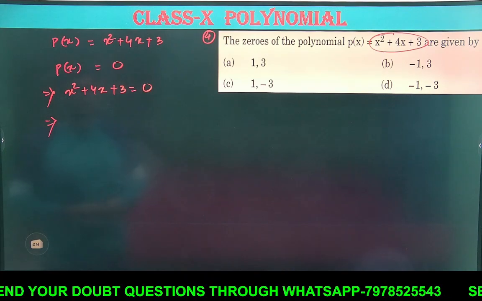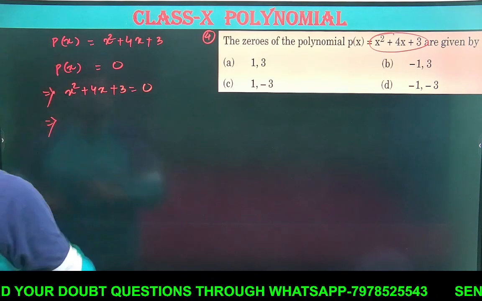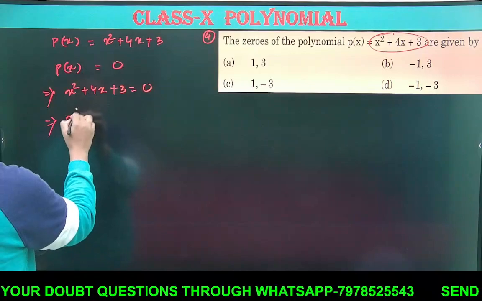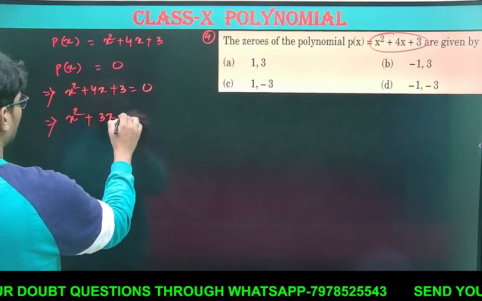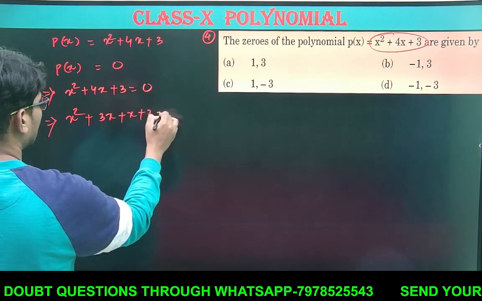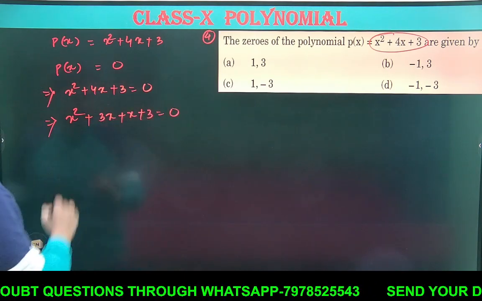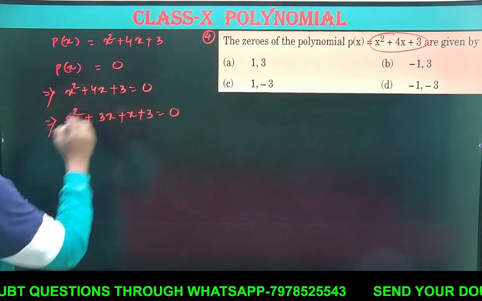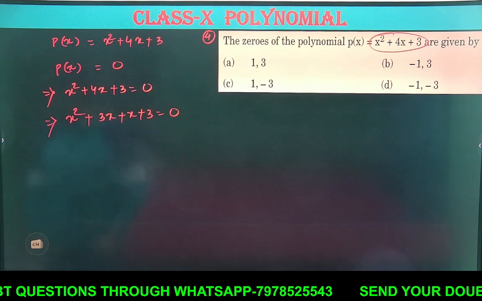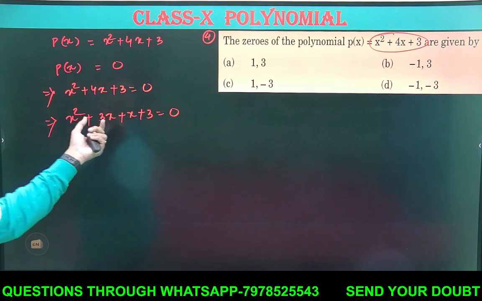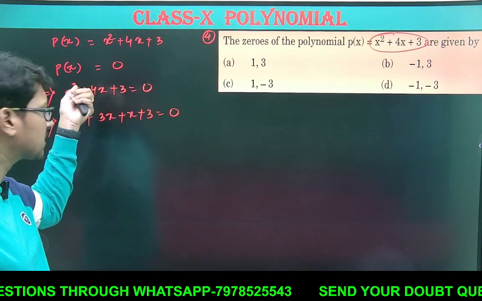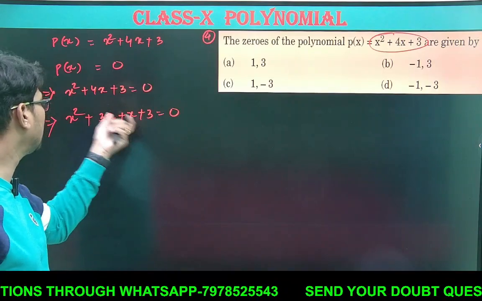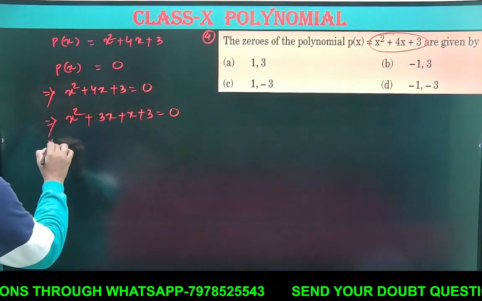Let us solve in this way, that is x square plus 3x plus x plus 3 equals 0. Check, 3x plus x is 4x, 3x into x is how much? That is 3x square. So therefore this is the correct splitting.